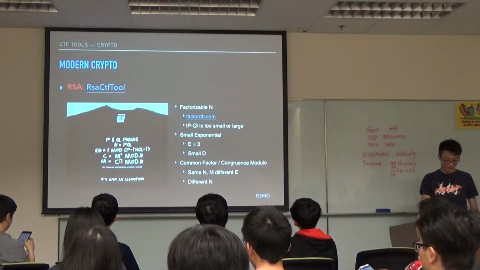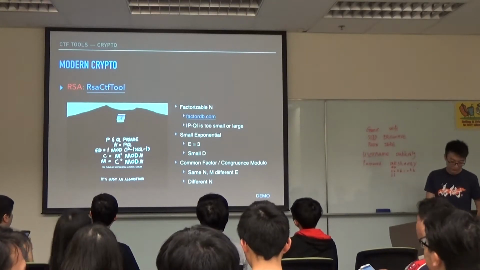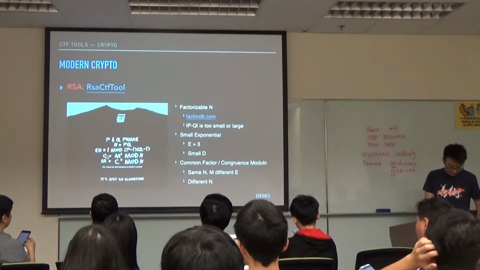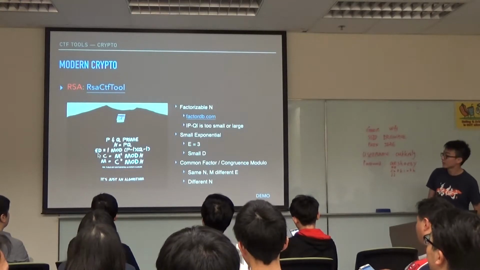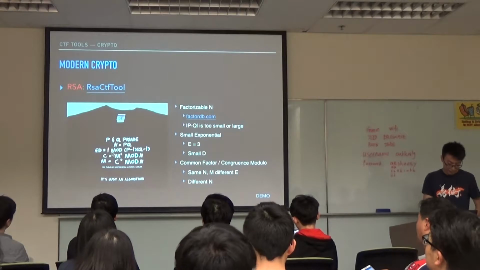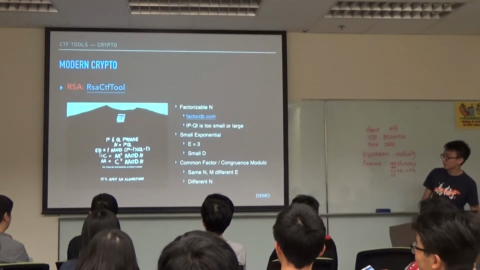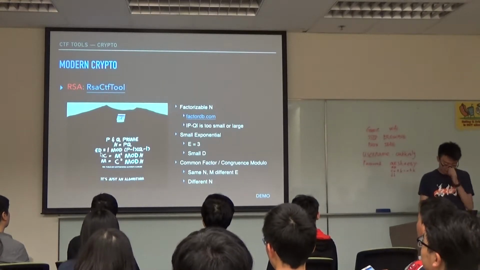We can see that we construct big N, which is the product of two primes P and Q, and then we just choose an arbitrary E as the encryption key, and we can use this relationship to find the modular inverse of E, which is D, the decryption key.